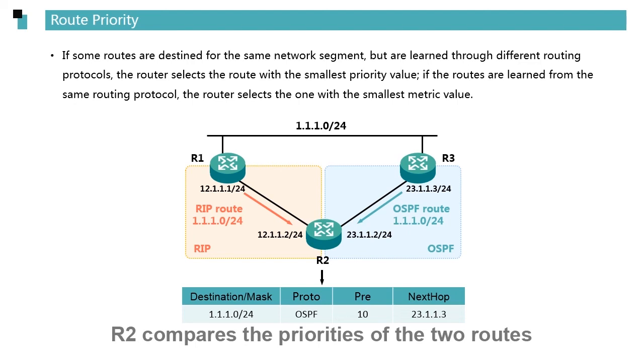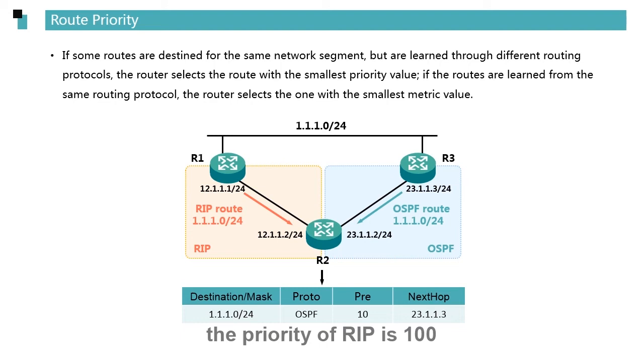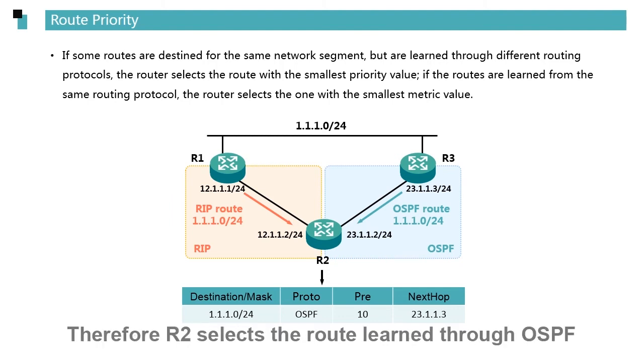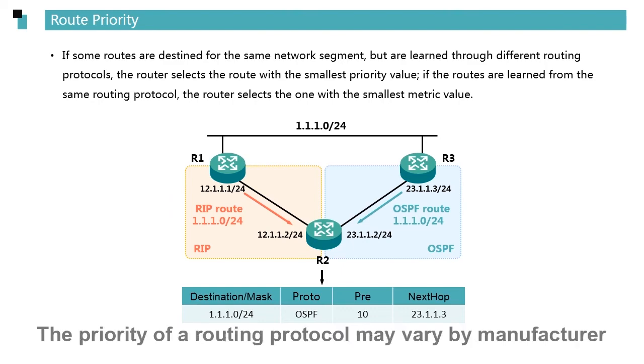R2 compares the priorities of the two routes. On Huawei routers, the priority of RIP is 100, and the priority of OSPF is 10. Note that the smaller the priority value, the higher the priority. Therefore, R2 selects the route learned through OSPF.